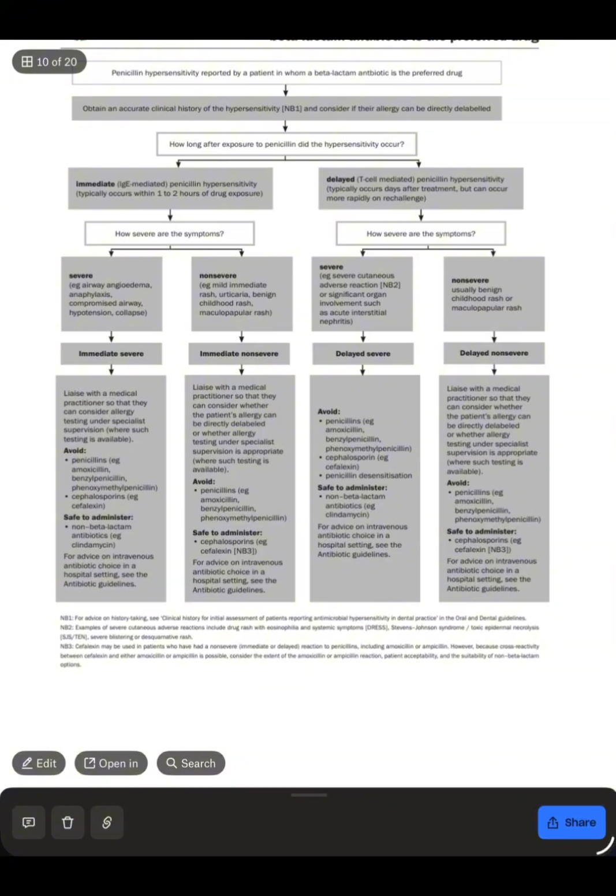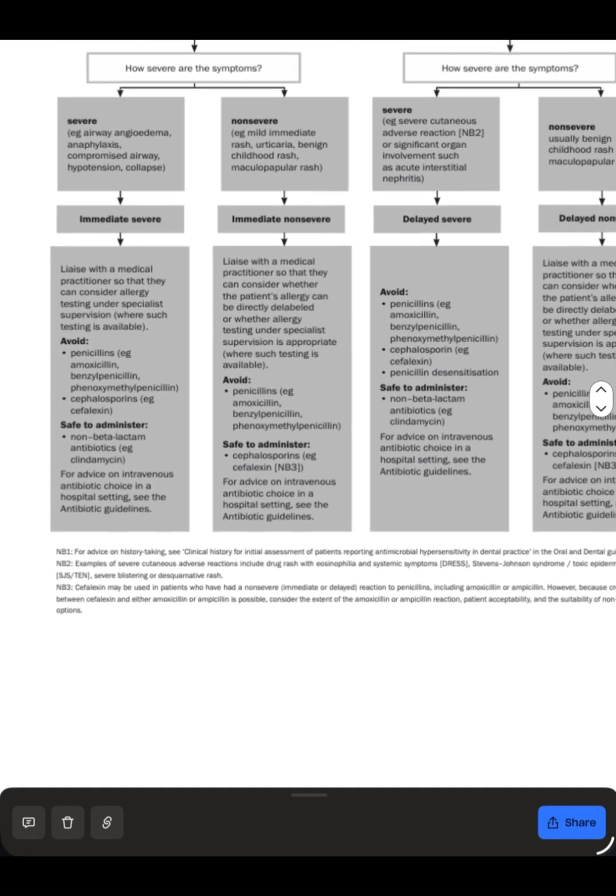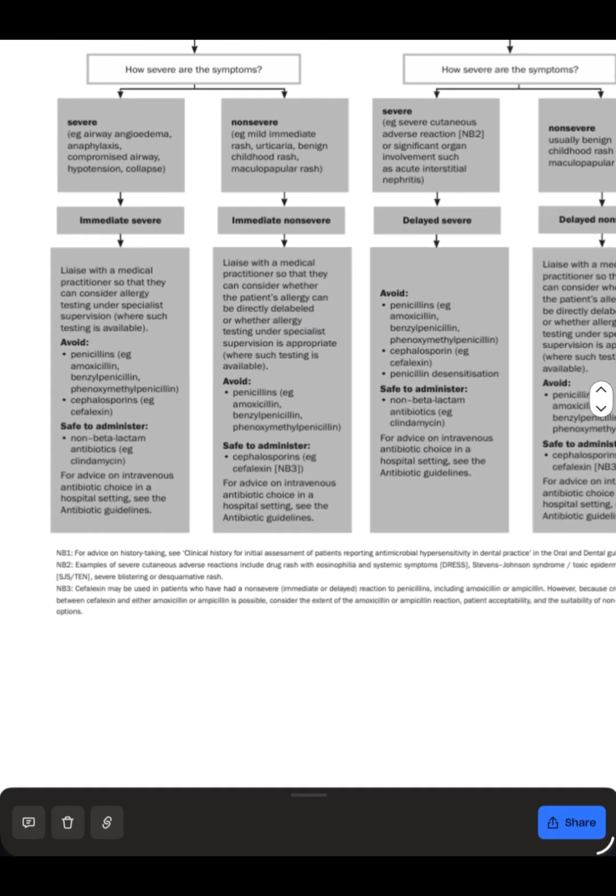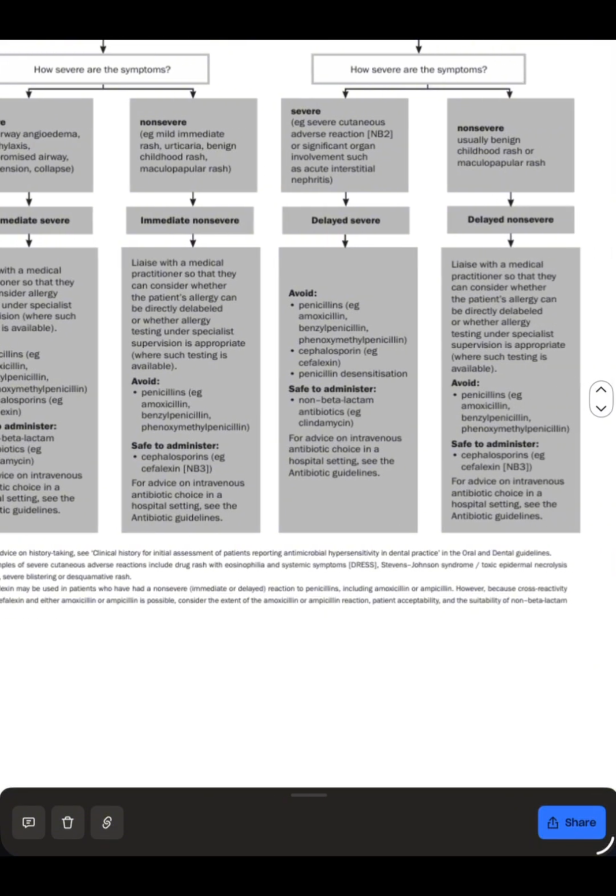It is safe to administer cephalosporin, but again, they have put a note at the bottom of the page that cephalexin may be used in patients who have had a non-severe reaction. However, cross-reactivity can occur. So we need to consider patients' acceptability and the suitability of non-beta lactam.